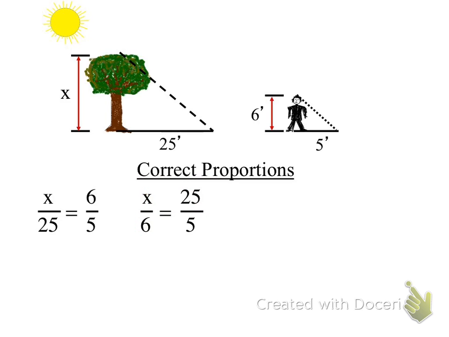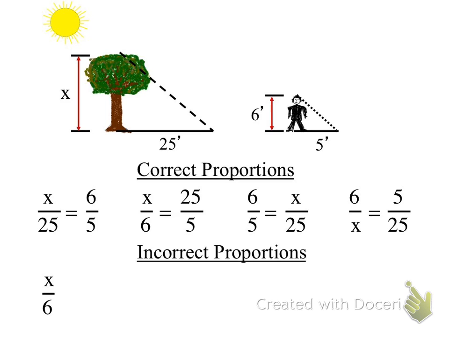Okay. One example of something that would be wrong. Notice here, this is a bad proportion setup. So x and 6 represent the height.